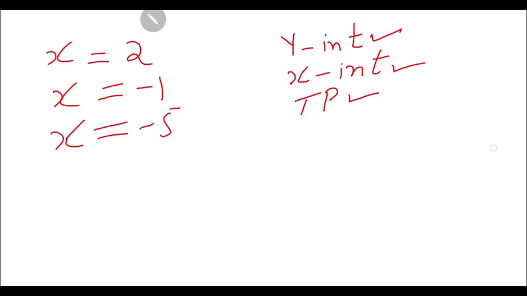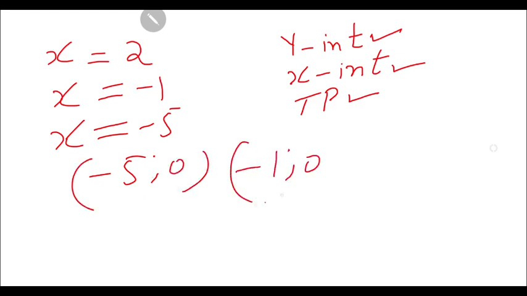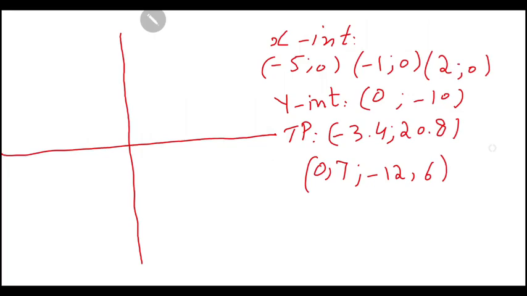So the x-intercepts are (-5; 0), (-1; 0) and (2; 0). Now we can sketch the graph. We have the x-intercepts, the y-intercept and the turning points. So I randomly sketch the graph and then I plot the points.